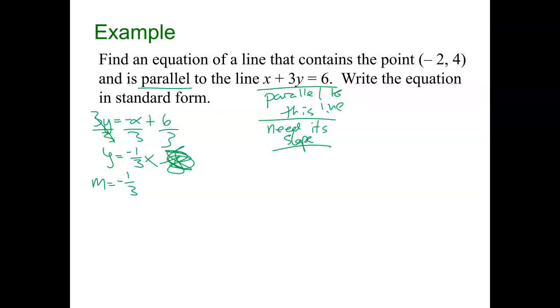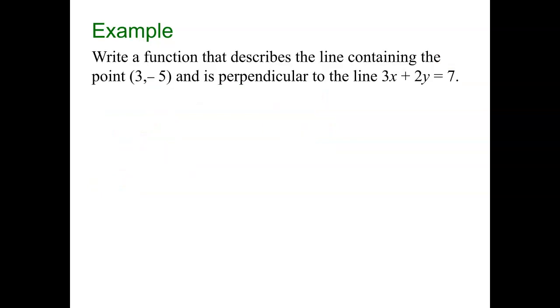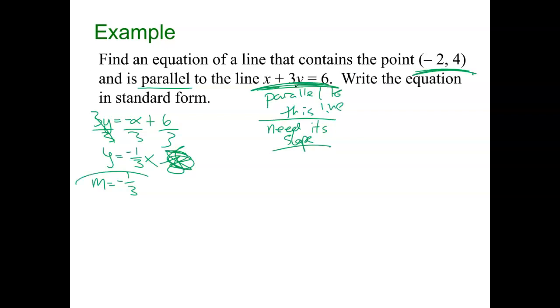Now I have a line that is parallel to this one that passes through this point. Since it's parallel, it has this slope.